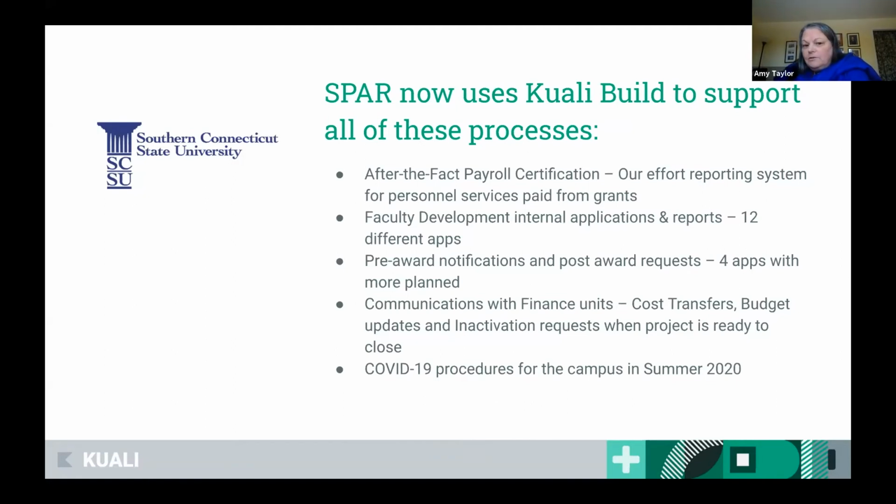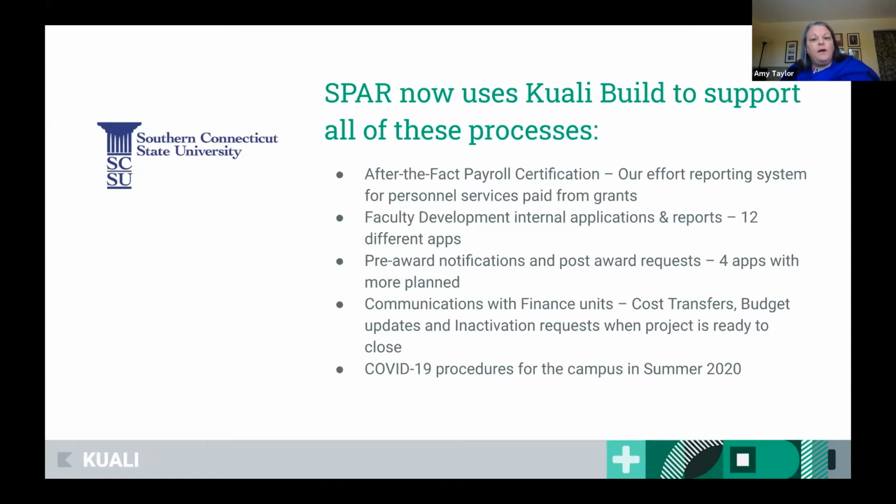We work pretty closely with our faculty development office. We have 12 different apps that we've developed that accept internal grant applications, the filing of reports, and budget modifications. Because we support those internal grants, working with faculty development, we now have 12 different apps that they use.